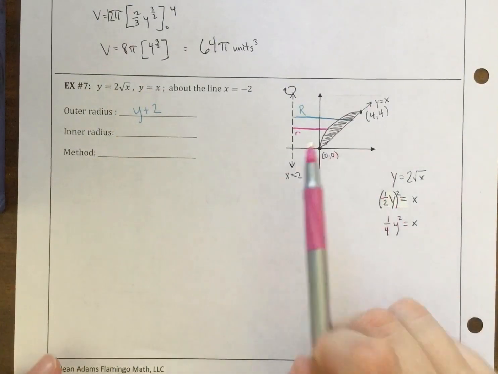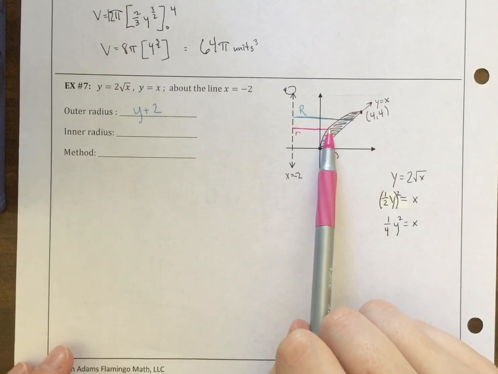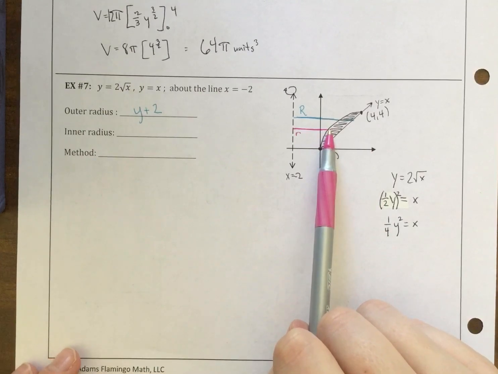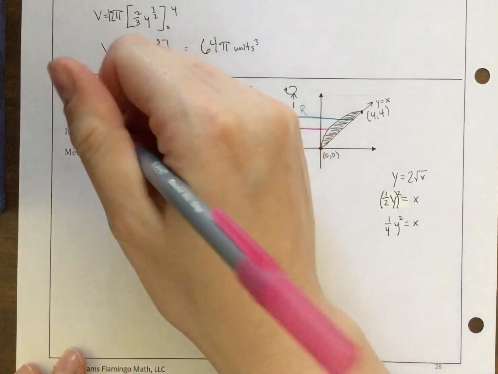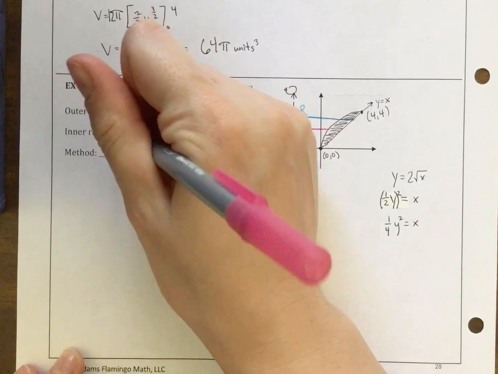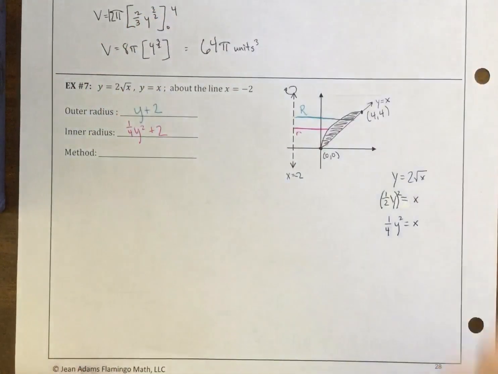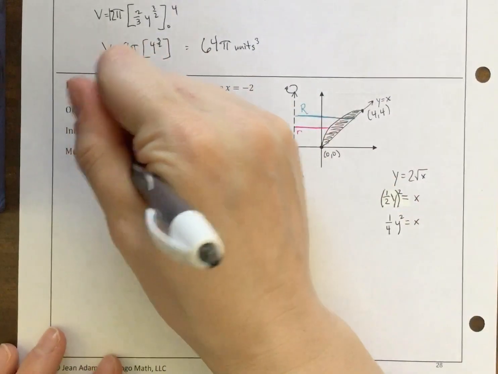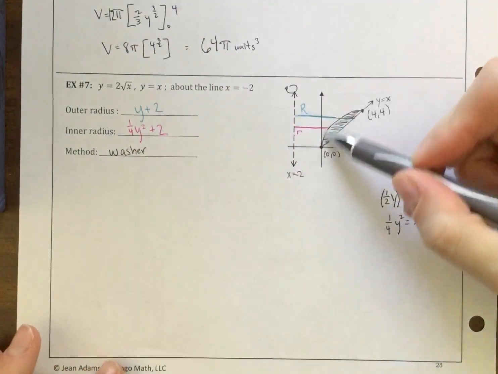Our inner radius is the distance from this function, square root of x, which is actually 1/4 y squared. Over here, we're adding 2 to it, so I'm going to have 1/4 y squared plus 2. And the method that we're using is the washer method, because there's going to be a hole in the middle, right? When I slice it up, there's going to be a hole in here.